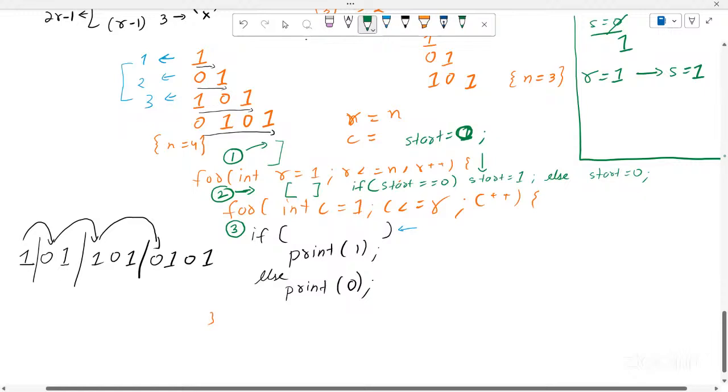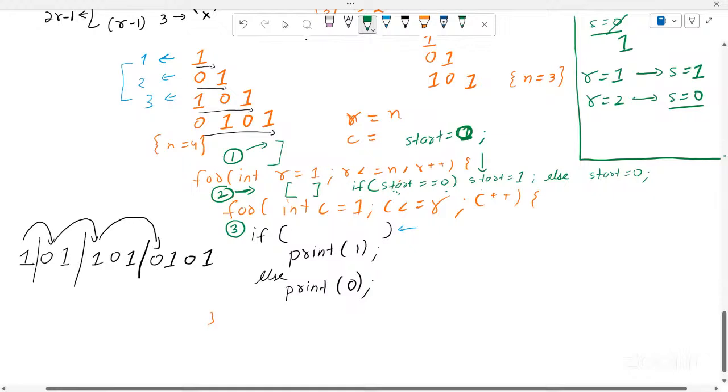Initially start value is 0. It went inside the loop. 0 equal to 0, condition true. If condition is true, it's changing start value to 1, right? Now, in the next iteration, can I say that R value will be 2 and start value is 1? So start value is 1, 1 equal to 0, condition false. If condition is false, it will go to the else part and it will make the start value 0.